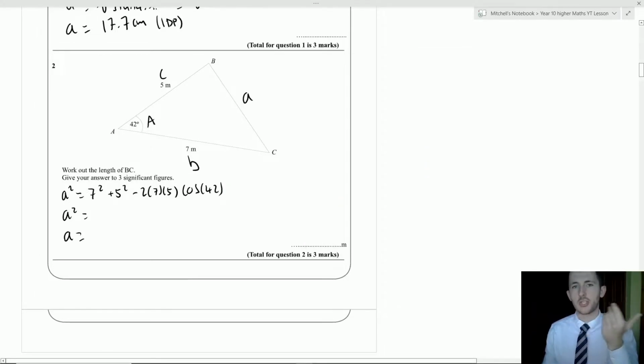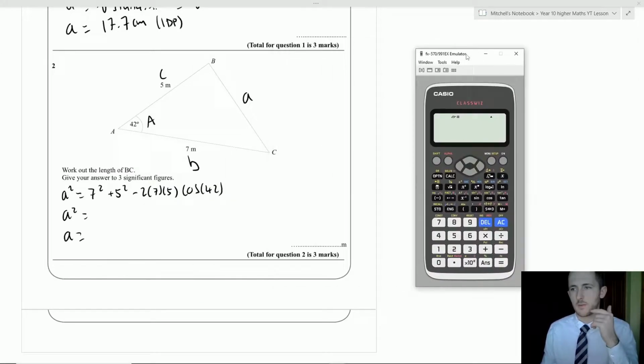So if I were actually doing this question, or I wanted to work out what the answer was, I would do 7 squared plus 5 squared, minus 2 bracket 7 close bracket open bracket 5 close bracket cos 42, right? I'd press equals.